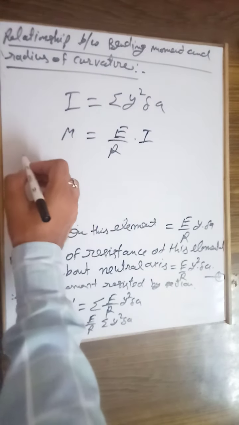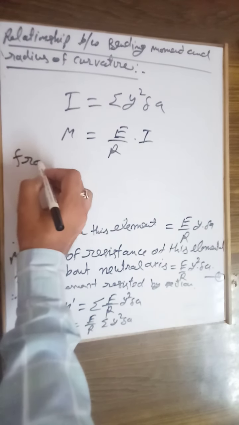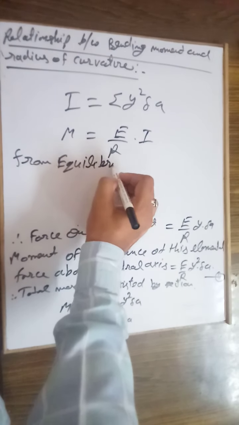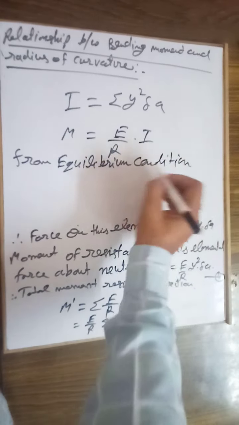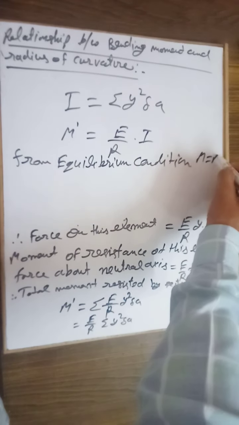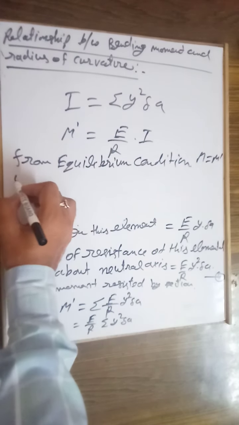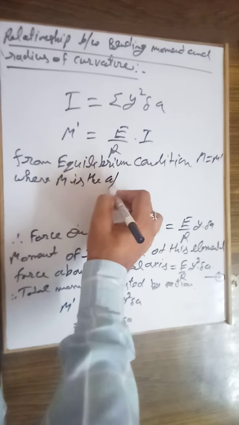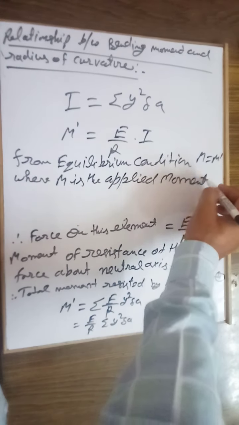From the equilibrium condition, M is M dash, where M is the applied moment.